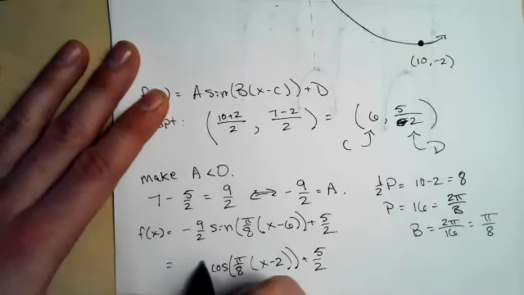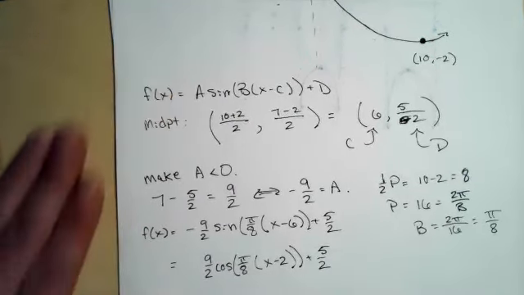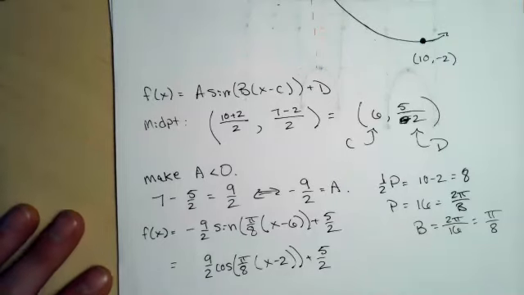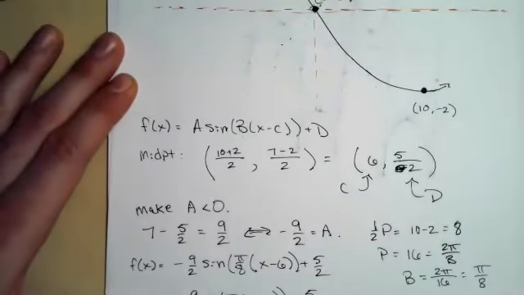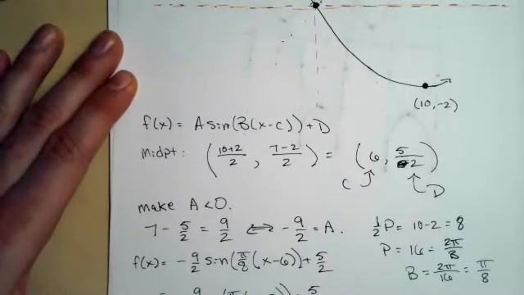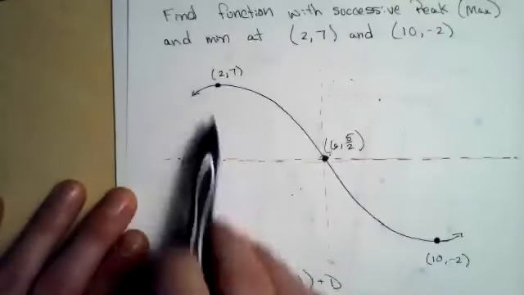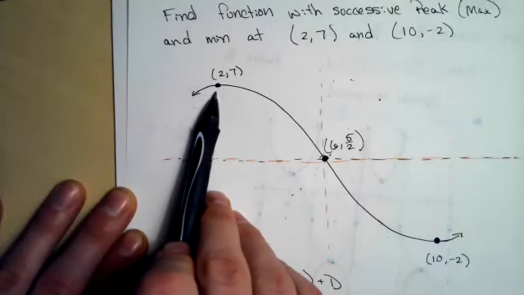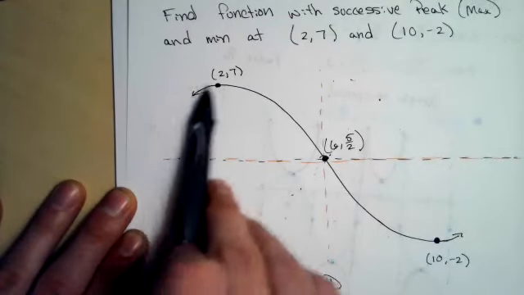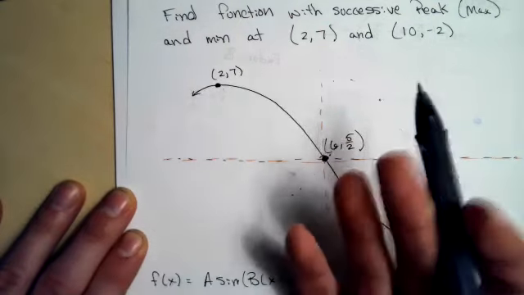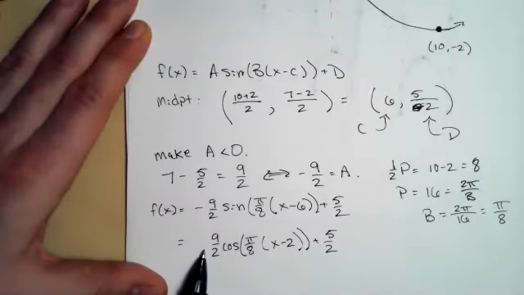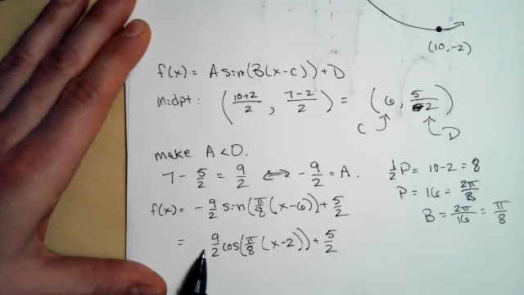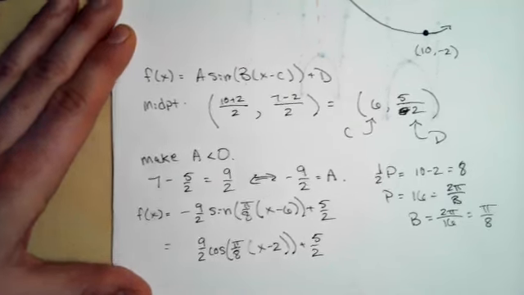And the amplitude is still the same. We just got to decide, do I need that positive or negative? And since we're modeling this cosine function to start at x equals 2, since that is a peak, that's how cosine naturally starts, so we don't need to flip it. We'll keep that positive. So either of those functions would have worked.